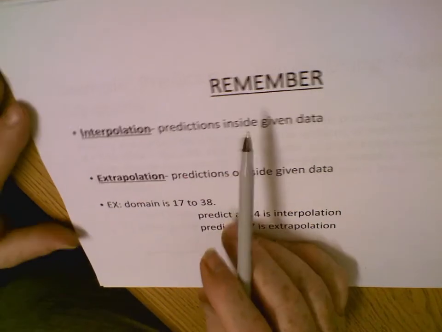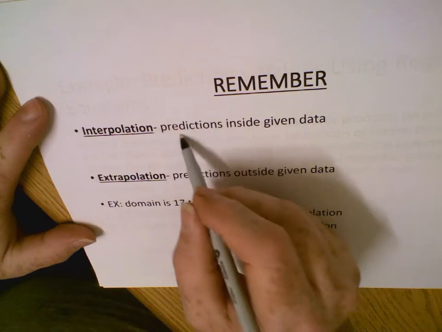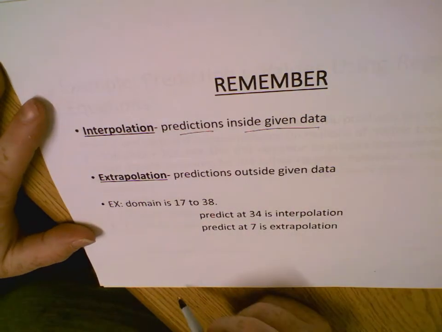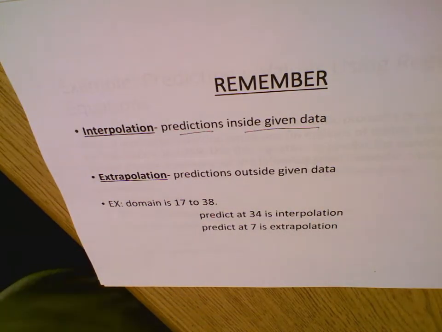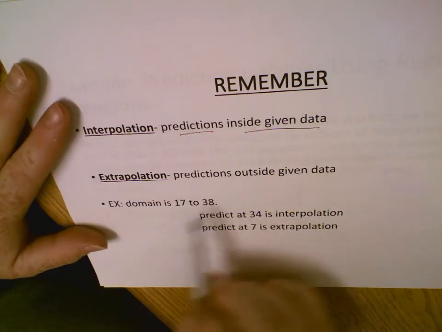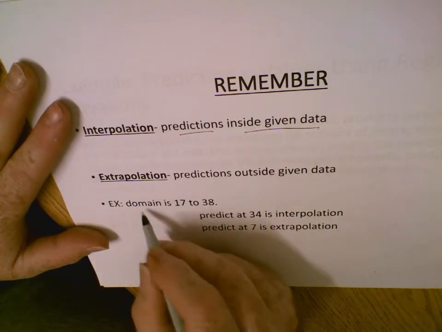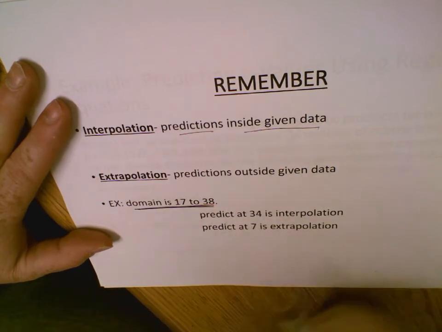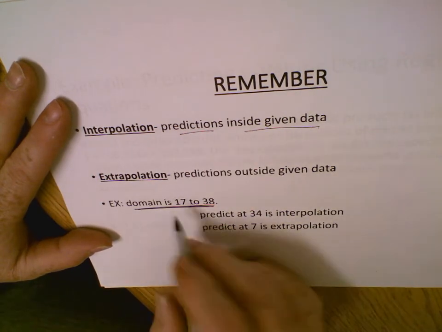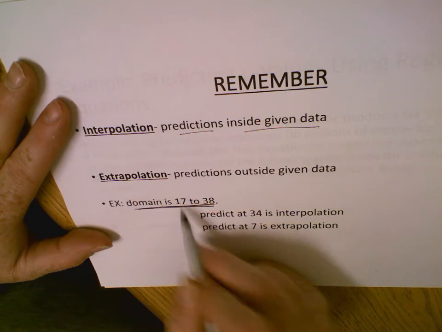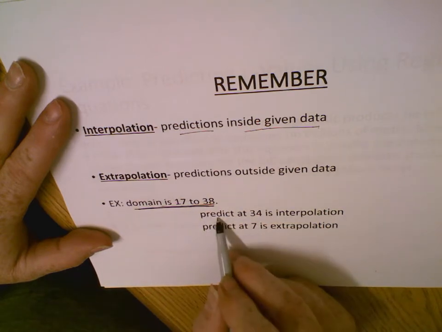Remember that interpolation is when you're making predictions inside the data that you're given. So you're making predictions inside that domain that you're given. Extrapolation is when you're making predictions outside. So if I was given a domain that was 17 to 38, these are our x's. The lowest x is 17, the highest x is 38.